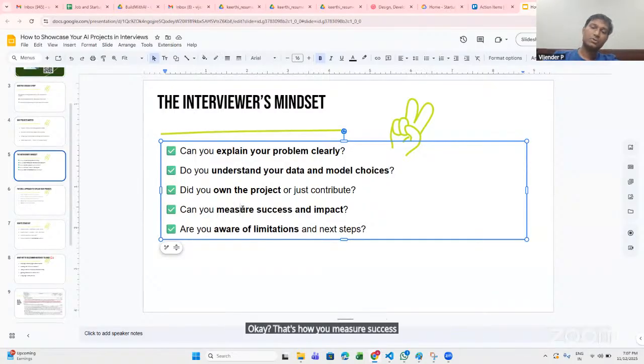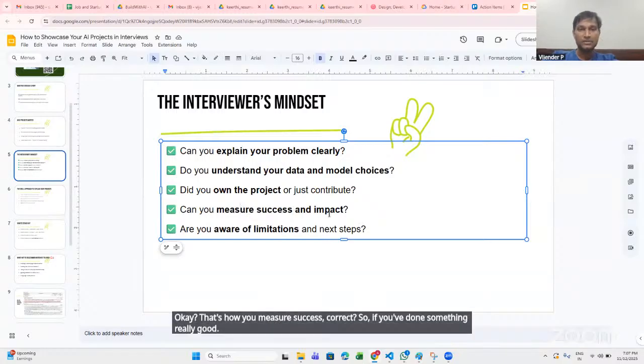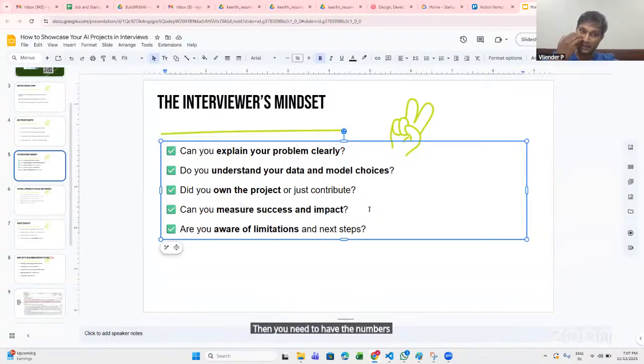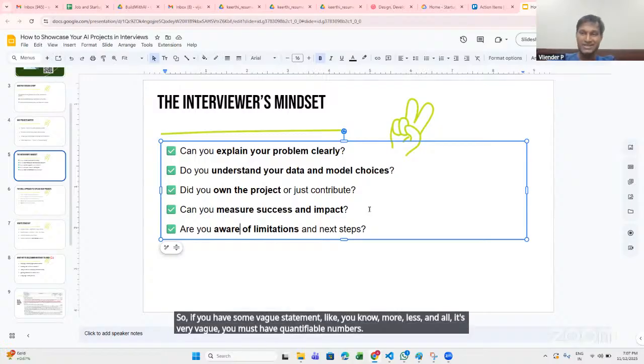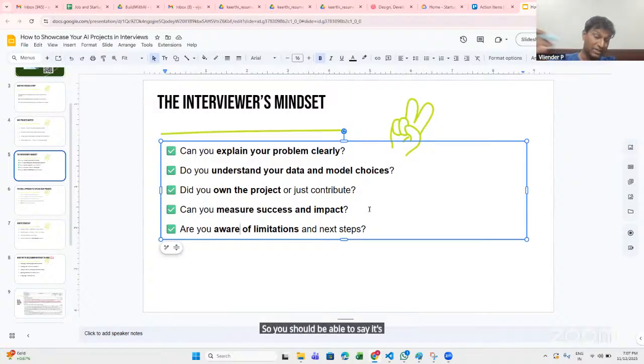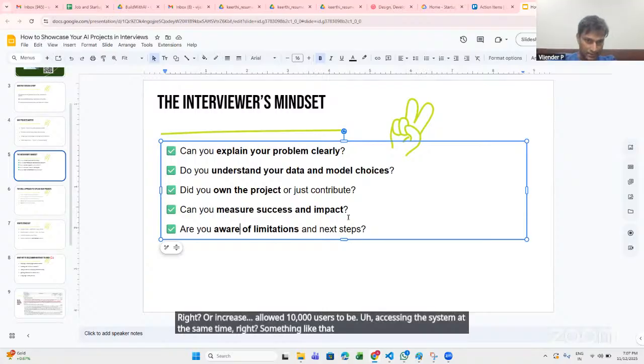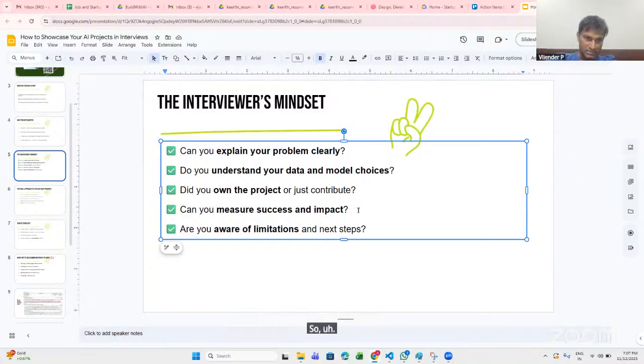If you've done something really good, then you need to have the numbers out there, and the numbers always speak. A vague statement like more or less is not enough. You must have quantifiable numbers. You should be able to say it's a 25% increase, or reduced the cost by 30%, or allowed 10,000 users to access the system at the same time. So that's the fourth point.